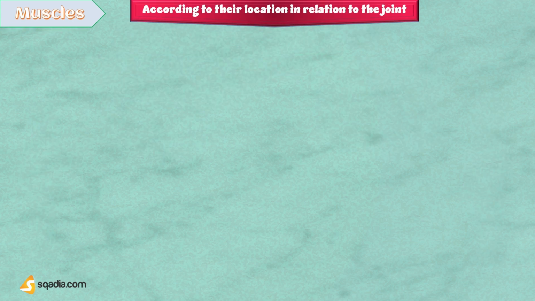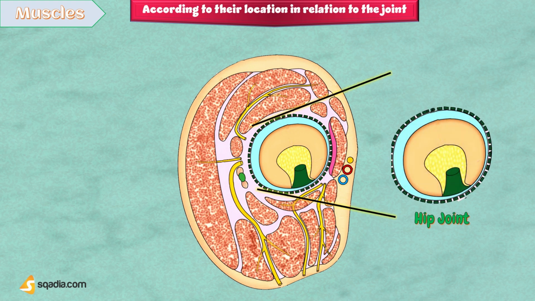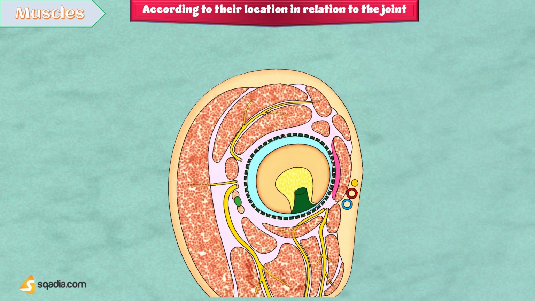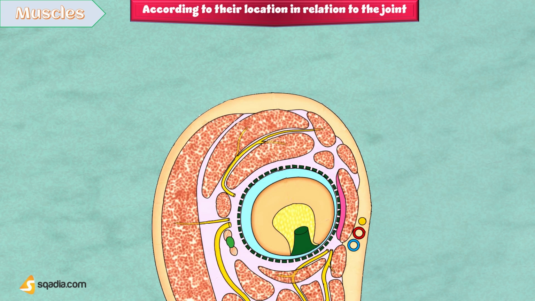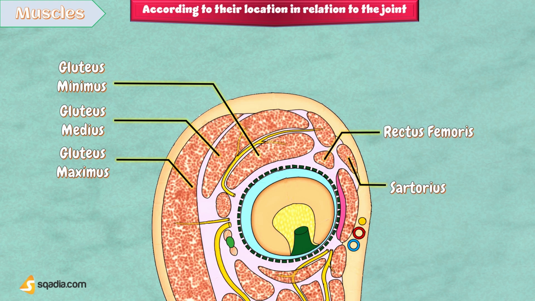If you look at this illustration, in the center is the hip joint. Taking the joint as the reference point, you can see that, at the superior aspect, we have the following muscles. 3 gluteus muscles: gluteus maximus, gluteus medius, gluteus minimus. There is also the reflected head of the rectus femoris, sartorius, and tensor fasciae lata.